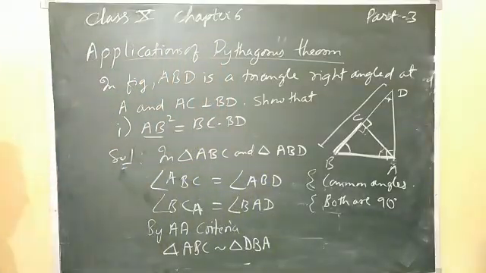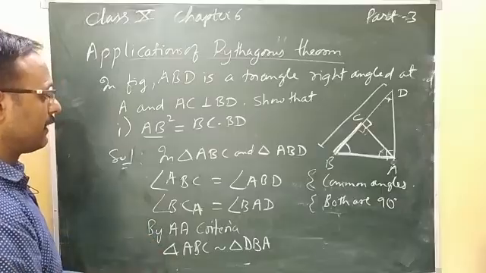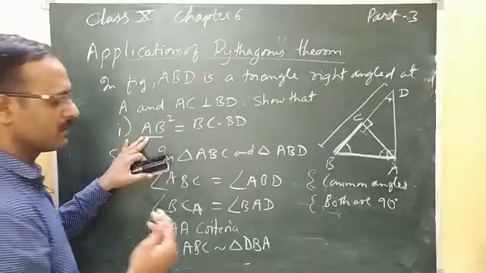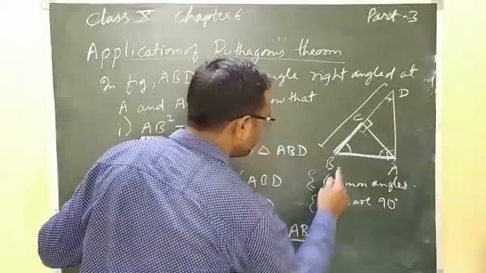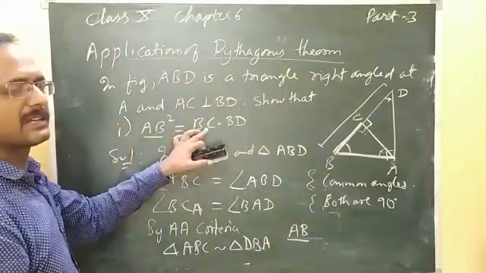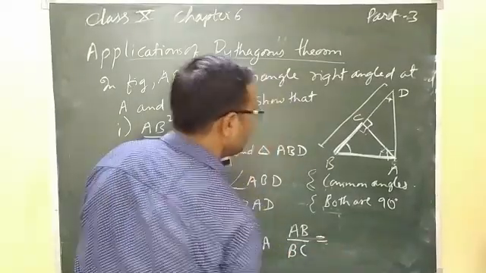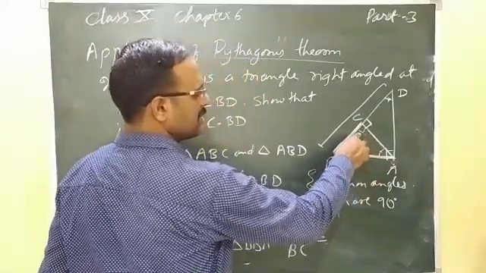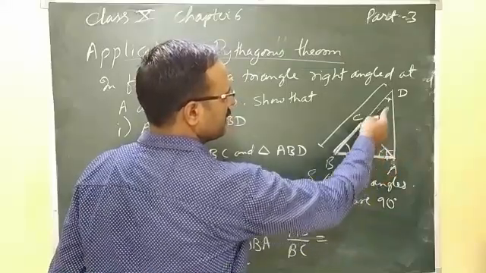Okay, now we have to take the sides in ratio. So which sides will be taken in ratio? See here, as I have to prove, I have to include AB in the question. So I will take AB from the small triangle, and this was the side which was taken inside the question. So I will take AB upon BC, and this will be equal to, in the bigger triangle, this AB was opposite to 90 degrees in the small triangle. So in the bigger triangle, the side opposite to this 90 degrees is BD.